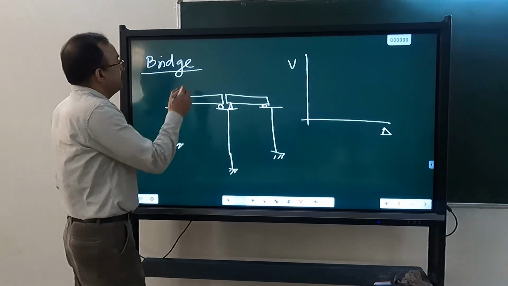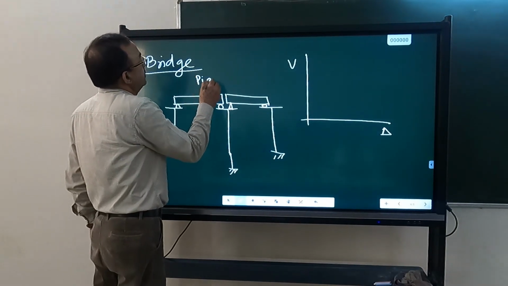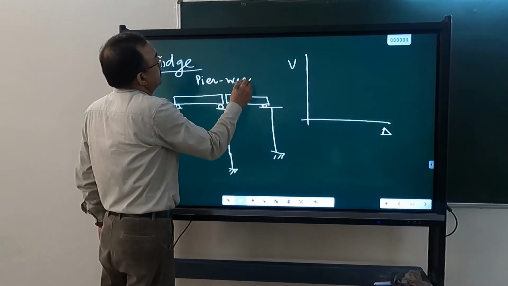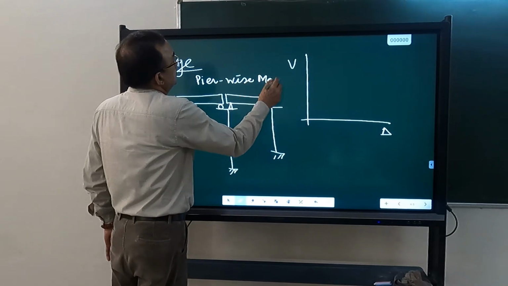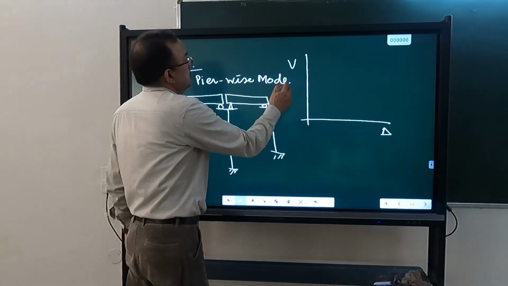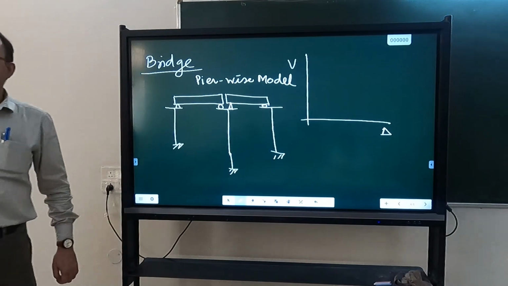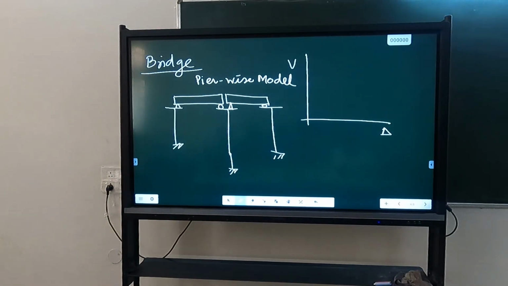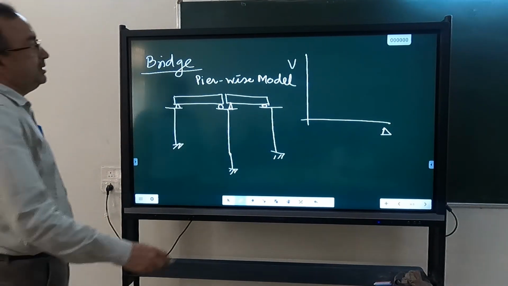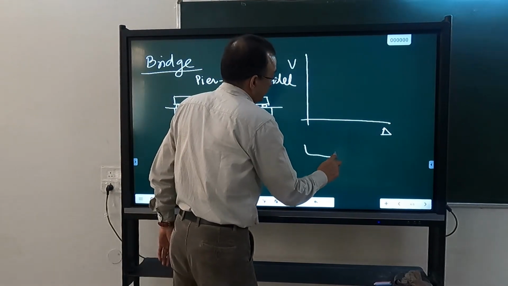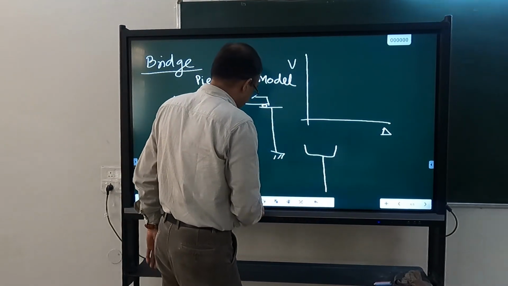So here we will make a pairwise model. You can make a pairwise model in this case, and this is one pair.